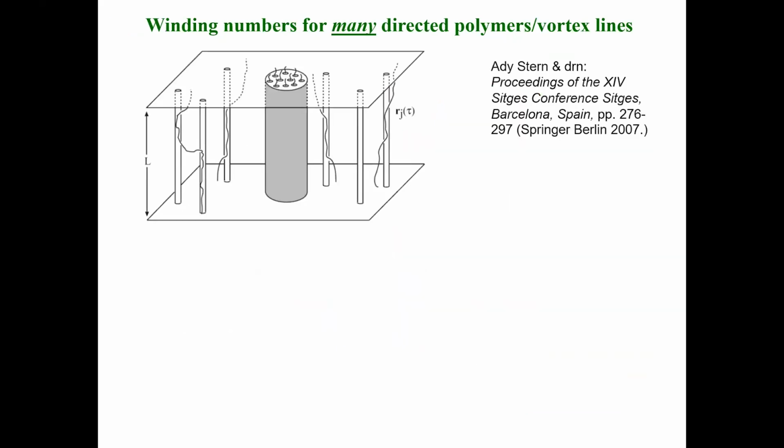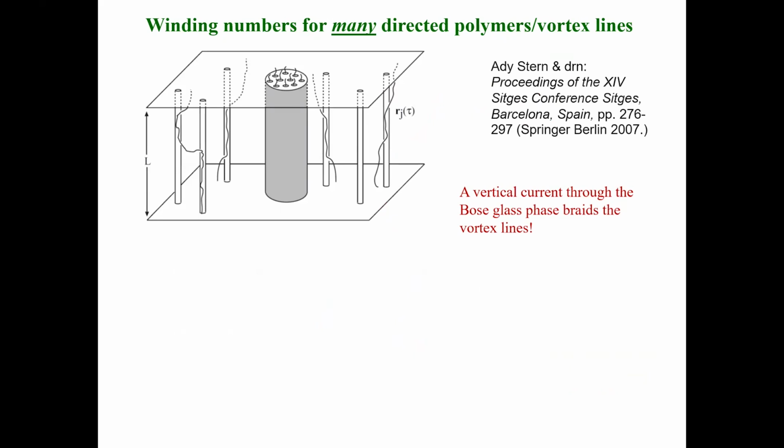So with Addy and others, we thought about these winding numbers, and a very cool thing to do is to take this problem, which is what Edwards was interested in, but with many directed polymers involved. I want to tell you what happens when I run a current vertically through this barrier.